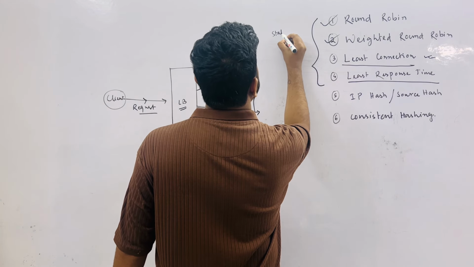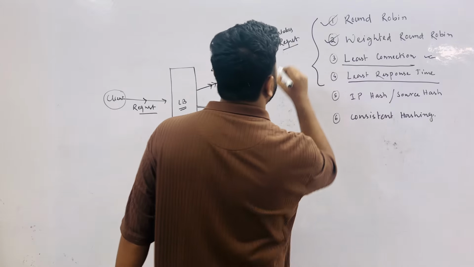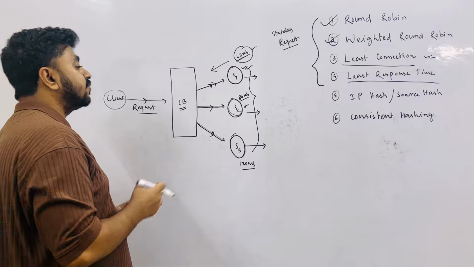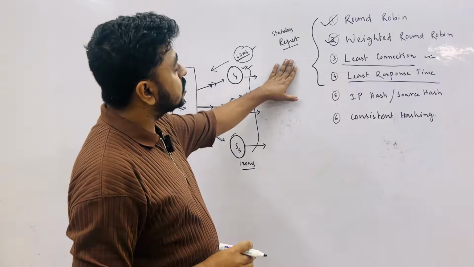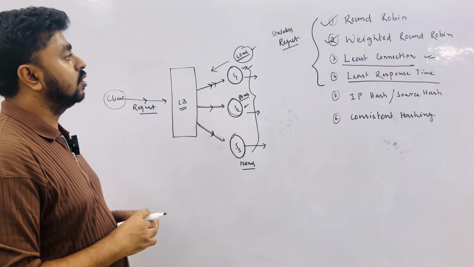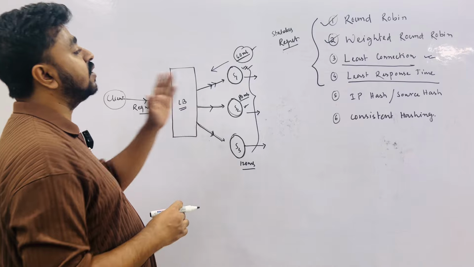All of what we have discussed till here is able to work with stateless requests. If you ask me what the difference between stateless and stateful requests is: a stateless request is one where the server does not need to store any context or any data of the previous request.